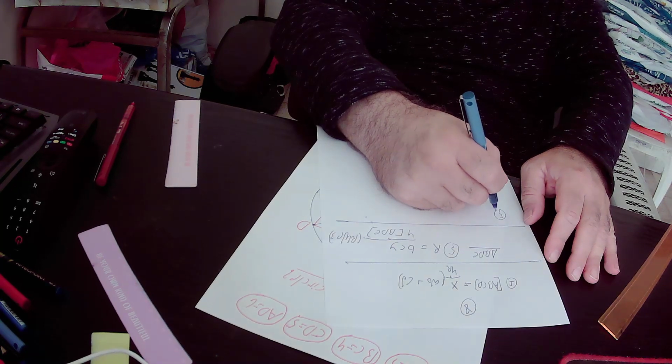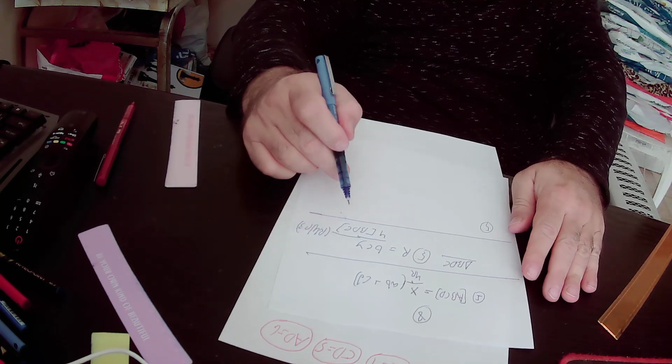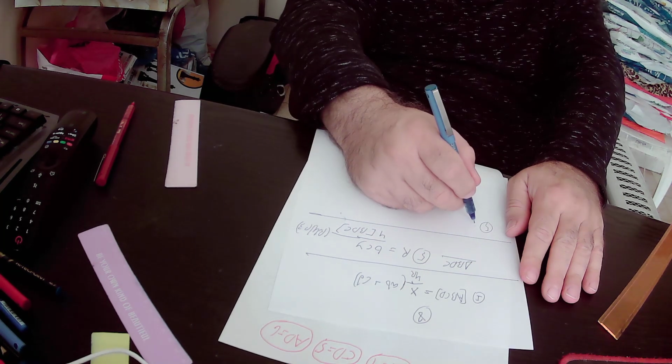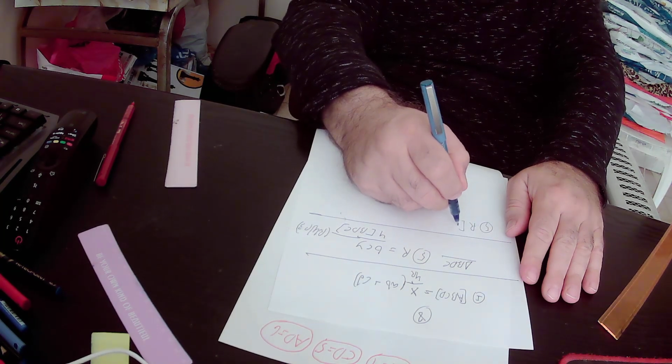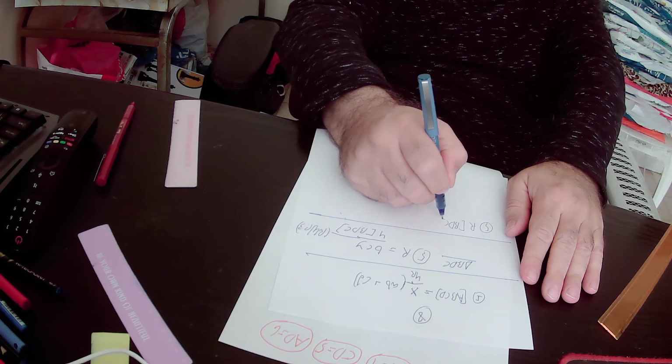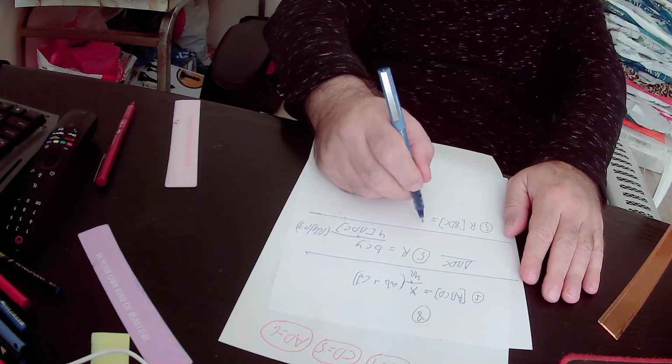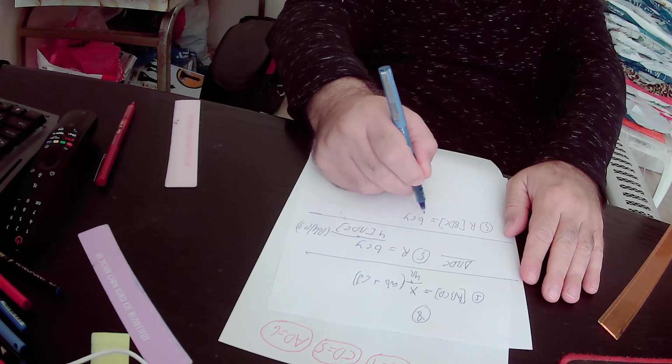Here we will multiply equation number 5 by the area of triangle BDC, and we will get that R times the area of triangle BDC equals BCY over 4.